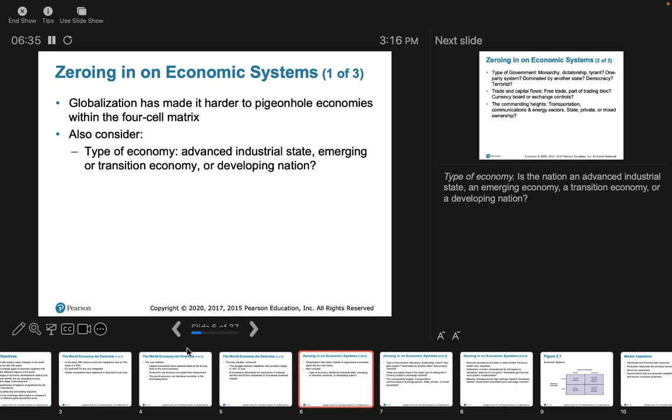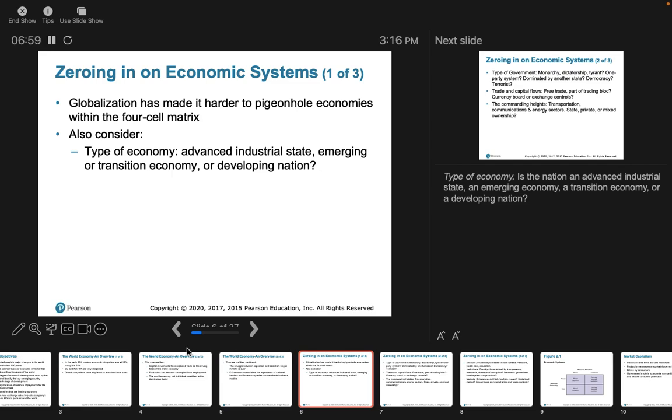So first of all, on economic systems, you have to know if these countries are in an advanced industrial state, or are they emerging, or transitional economies, or of a developing nature.